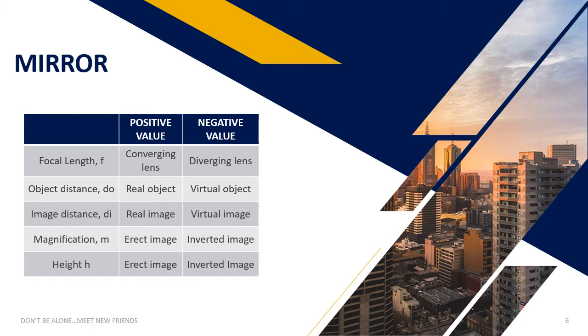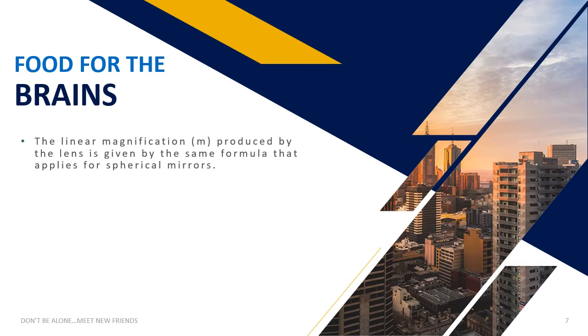Okay? Then, food for the brains. So the linear magnification M produced by the lens is given by the same formula that applies for spherical mirrors. Okay? So same lang po daw ang formula ni magnification. So unsa itong formula sa atong magnification?